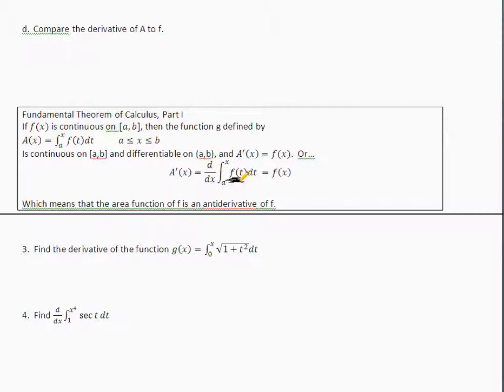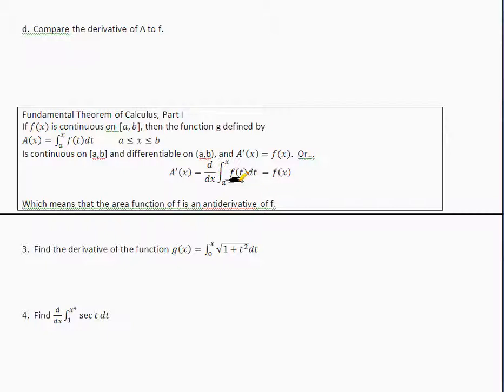It's just going to be equal to f of t. Now, why does it change to x? Because when you do it out, the value would turn into x. Think about your trapezoid. To get the height, you plugged in the x to get the height of the trapezoid in the problem.